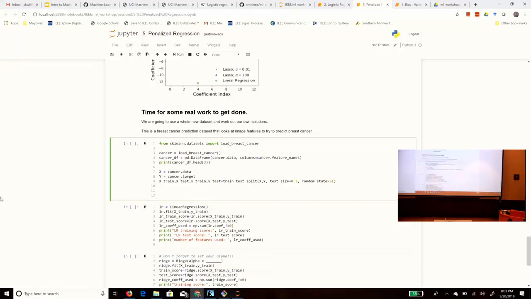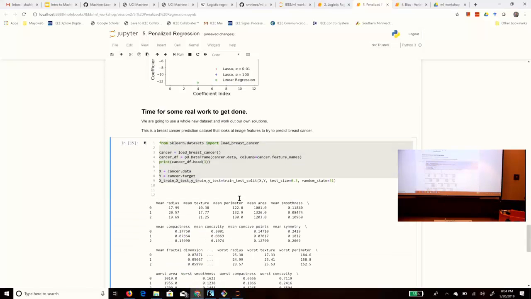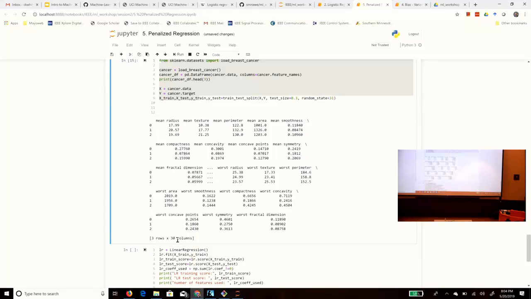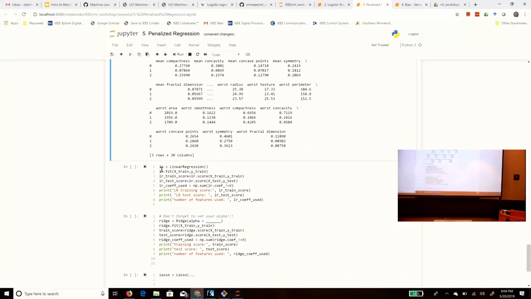And what I have here, I'll just talk through it and then send you guys home. We're going to load that data set. And what you can see is that there's 30 different variables. Last time it was 13. Here's 30. You got radius, how big is it, texture, perimeter, area, smoothness, all these different features. And what I have here is a little bit of code that does linear regression.